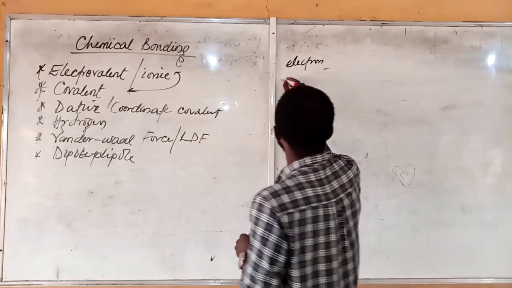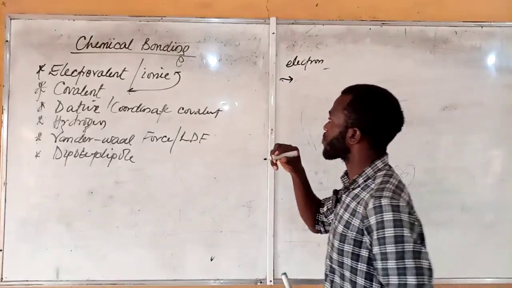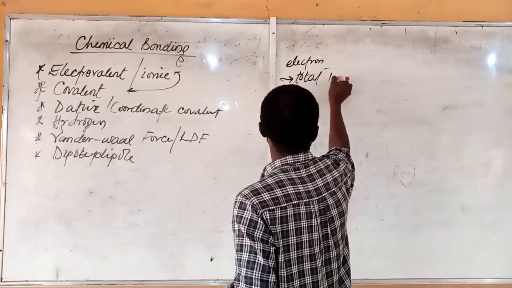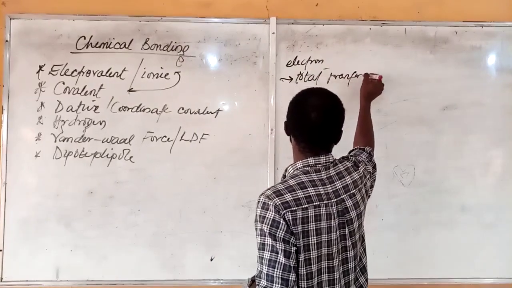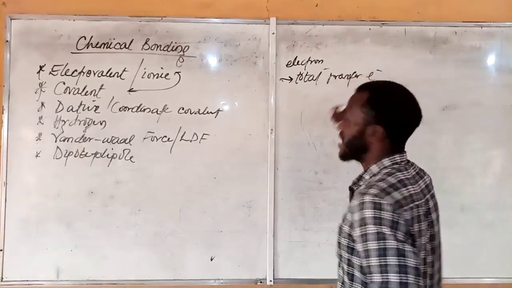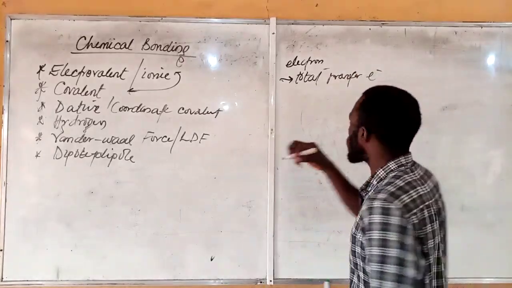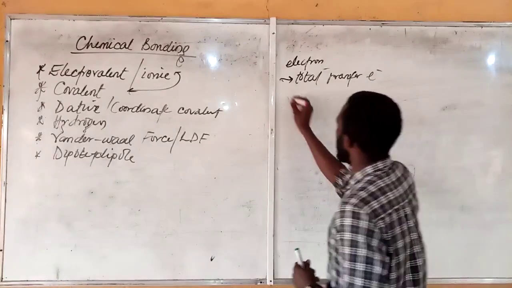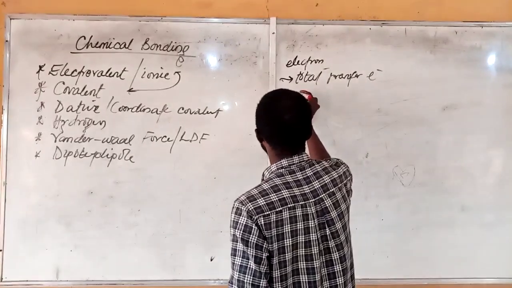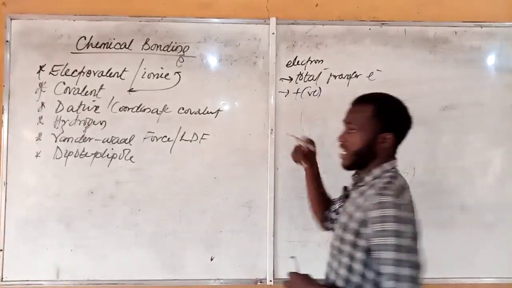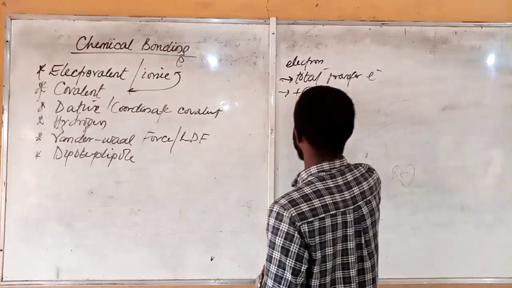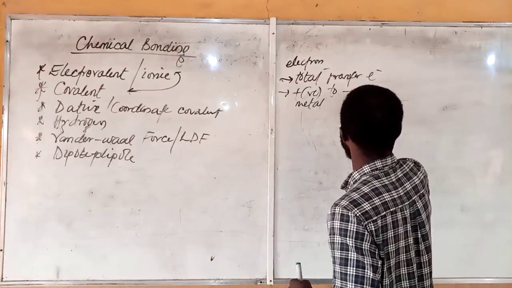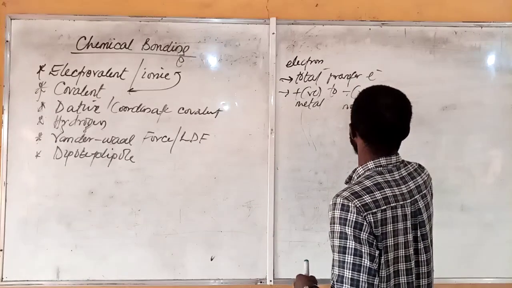The electrovalent bond is one in which there is a total transfer of electron from one atom to the other. Now, it's usually from the electropositive element, which is a metal, to the electronegative element, which is a non-metal.